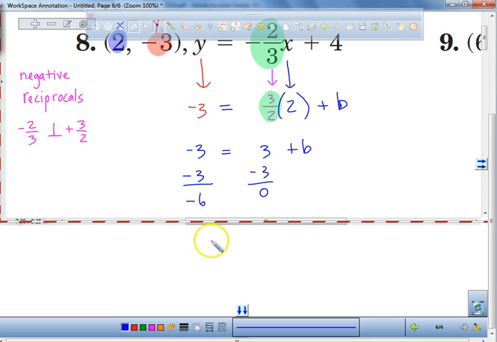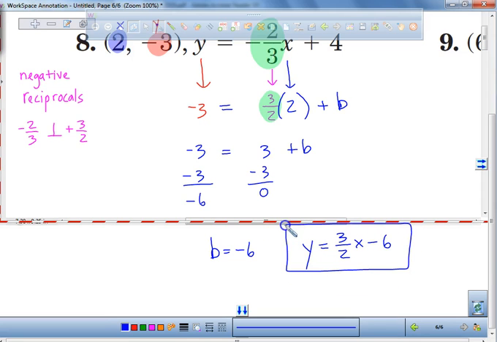That becomes a negative 6. So my b value is equal to negative 6, which makes my final equation that's perpendicular to my original equation y equals 3/2 x minus 6.